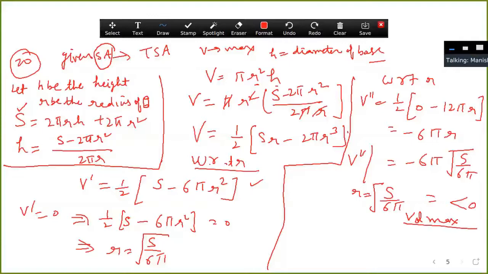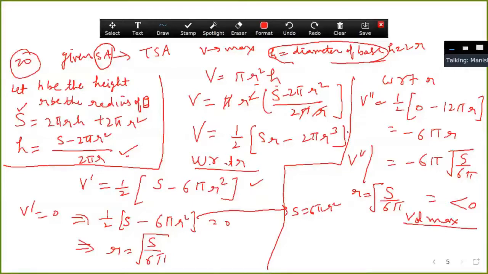Now what is the value of h? Now you want to find out h. h is the diameter of the base. It means 2r. h is equal to 2r. You have to find out. Now where is the value, which is h? h is here, and we can put the value of S is equal to 6 pi r square. Here you can see, from here I can write it like this. If I equate this, S is equal to 6 pi r square.